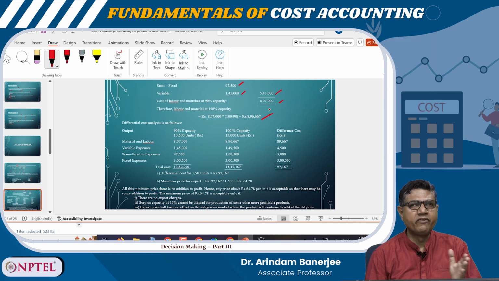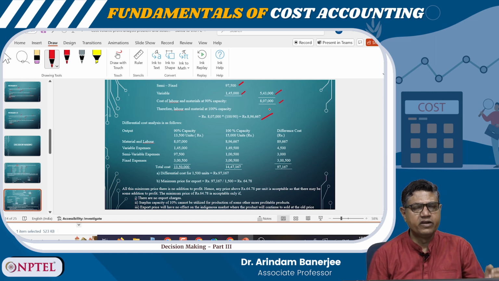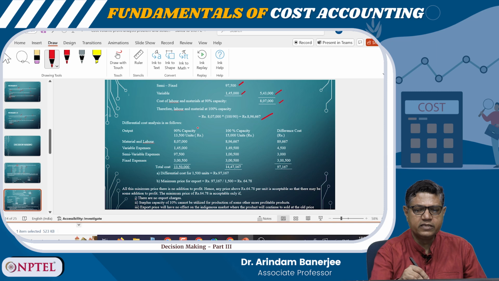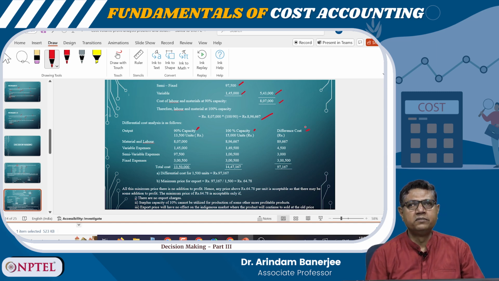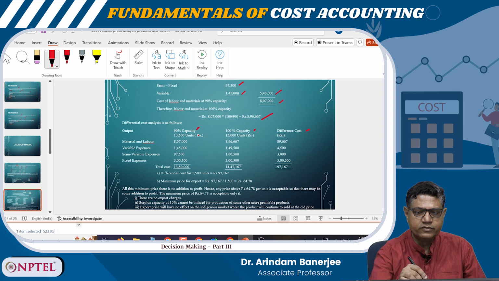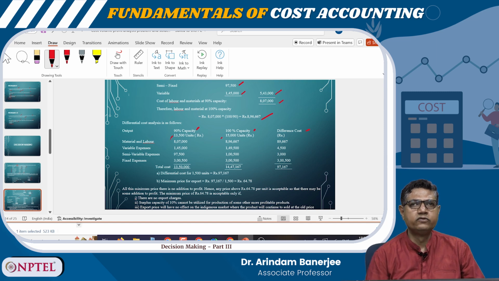Now, we will do the differential cost analysis. For this, we make two columns. The first column is for 90%, the second column is for 100%, and the difference between the two we are taking as differential cost. At 90%, the number of units is 13,500, and at 100% it is 15,000 units.